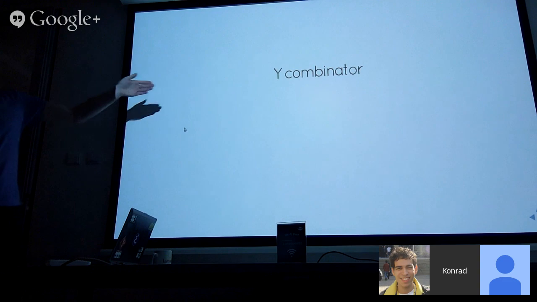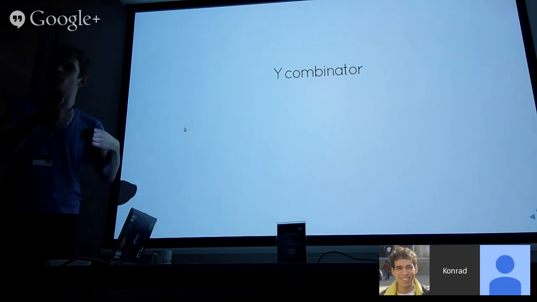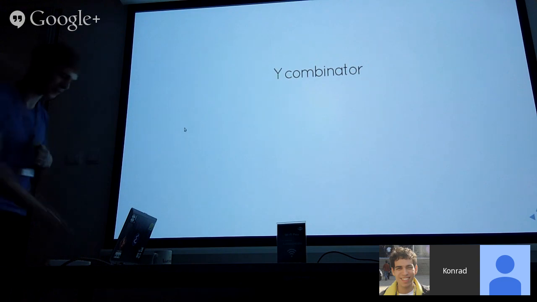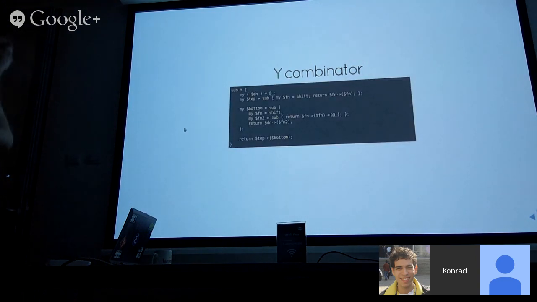So the Y combinator is a mathematical concept from lambda calculus, and it can be implemented as a fixed point combinator function which takes a function and invokes it. Basically, this is the definition.